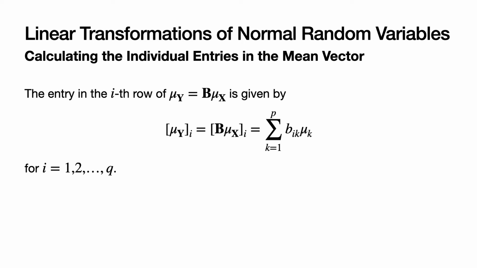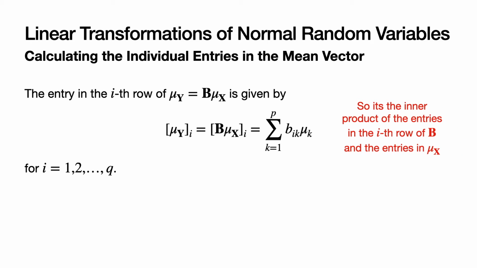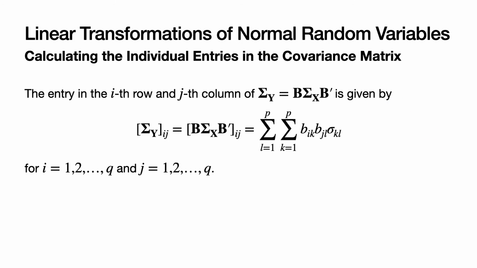And this is for rows i going from 1 up to q. What this means is that the ith entry in the mean vector for y is basically the inner product of the entries in the ith row of the linear transformation matrix B and the entries in the mean vector for x.